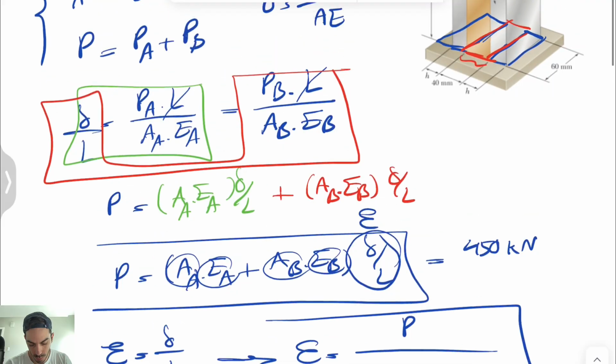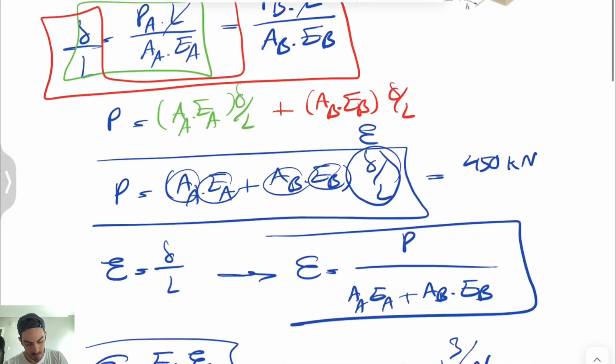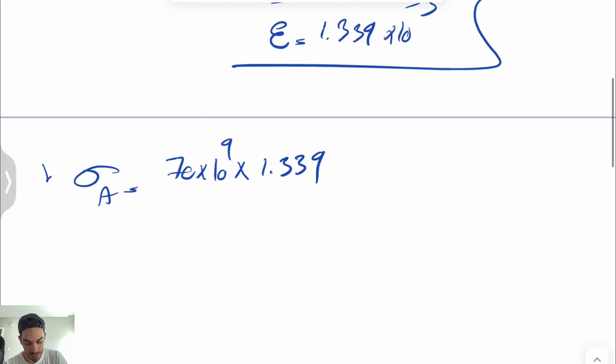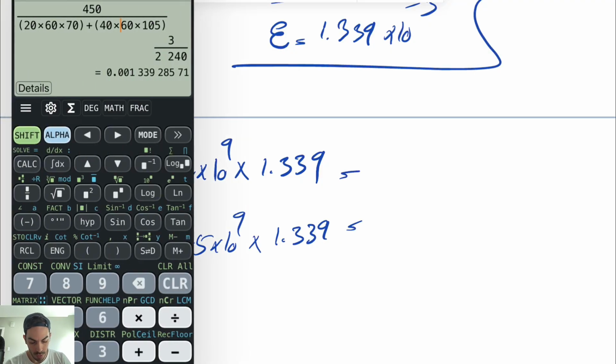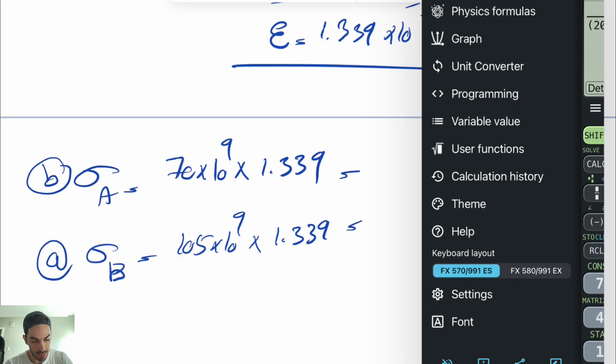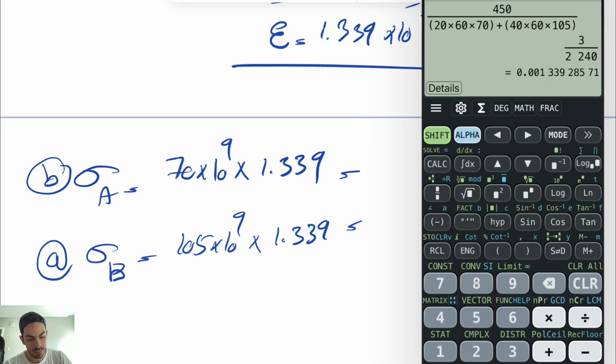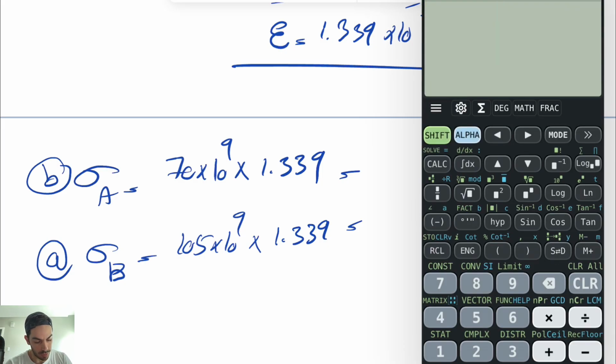This will be the B part, and the A part would be brass: 105 times 10 to the 9 times the strain. We just have to find the value for each of these, and that would be pretty much everything for this question.